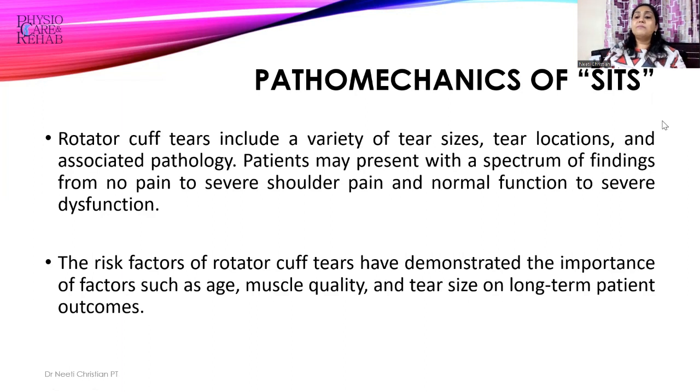Patients may present with a spectrum of findings, from no pain to severe shoulder pain, and from normal function to severe dysfunction. A few risk factors of rotator cuff tears have demonstrated the importance of factors such as age, muscle quality, and tear size on long-term patient outcomes.